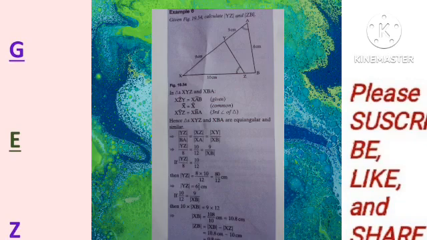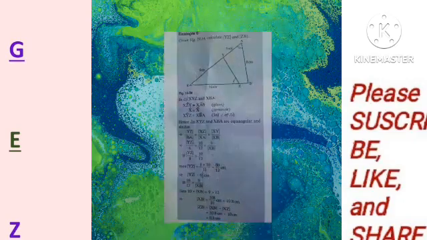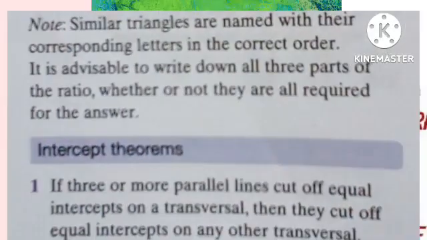So you can see that we've applied similar triangles to solve something that normally we wouldn't have been able to solve without them. Now I want us to note that similar triangles are named with their corresponding letters in the correct order. So it is advisable to write down all three parts of the ratio, whether or not they are all required for the answer. You have to follow the correct order when it involves similar triangles.